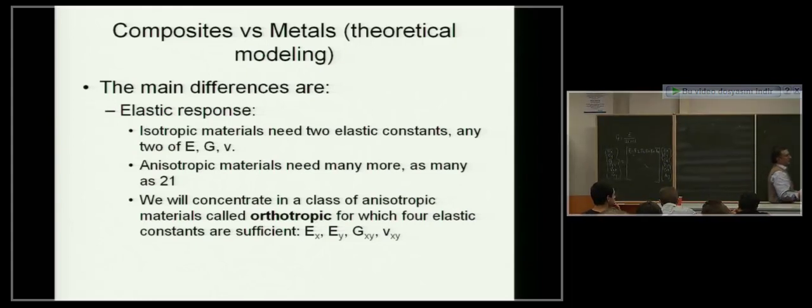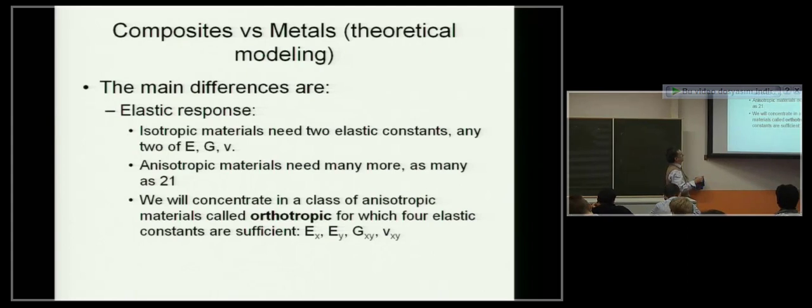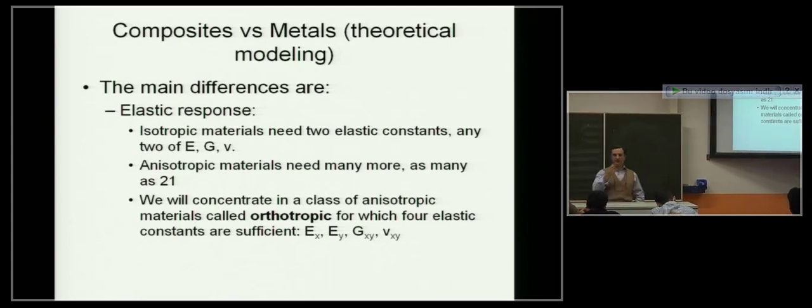It so happens that most materials that we use don't have to fall into this category, which is very difficult to characterize. The number of tests that you would need, for example, to get these 21 stiffness values would take forever. But it so happens that there's a class of materials, the so-called orthotropic materials, for which 4 elastic constants are more than enough.